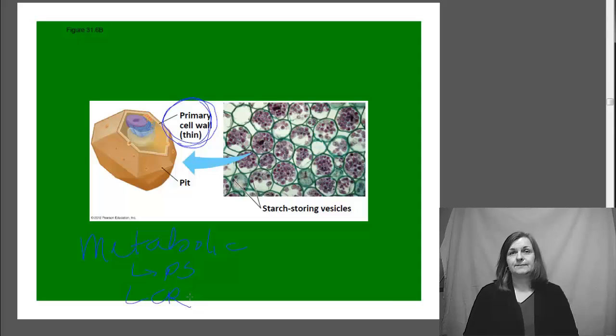Now, we also have to think about the fact that parenchyma cells, if they're involved in metabolic processes, will also be involved in any plant growth. Here, they show you a picture of parenchyma cells storing starch. Again, a great task for them because the cell walls are thin and they can get a lot of starch stored on the inside.